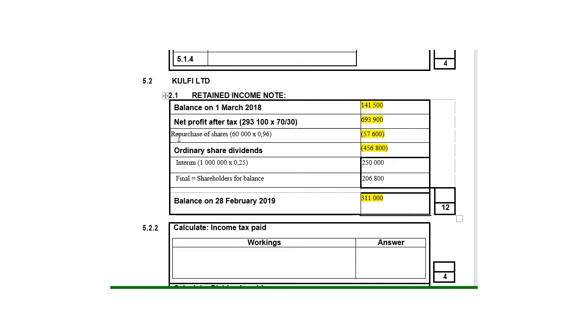So let's get to the answer sheet. So how did I get to my answer?